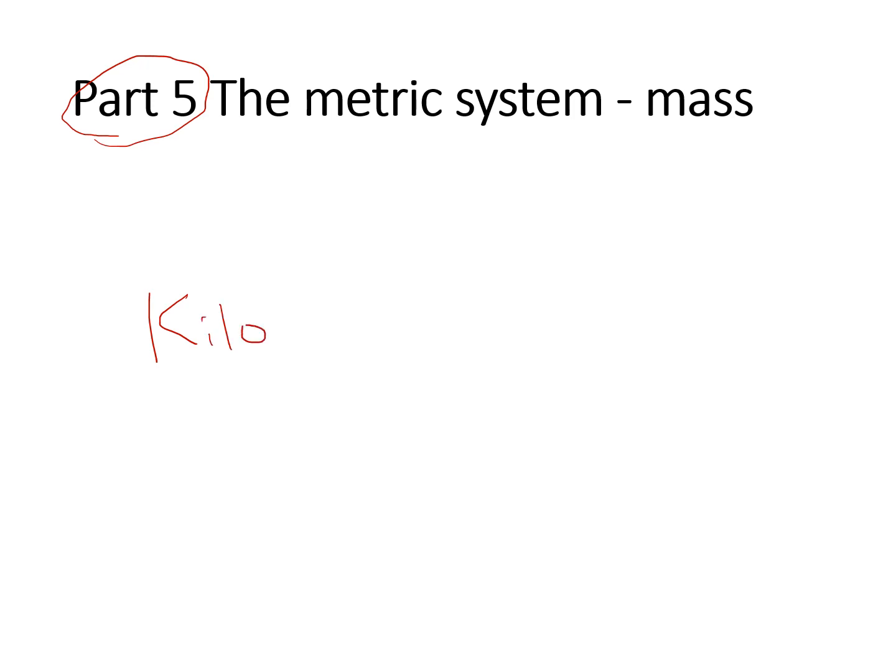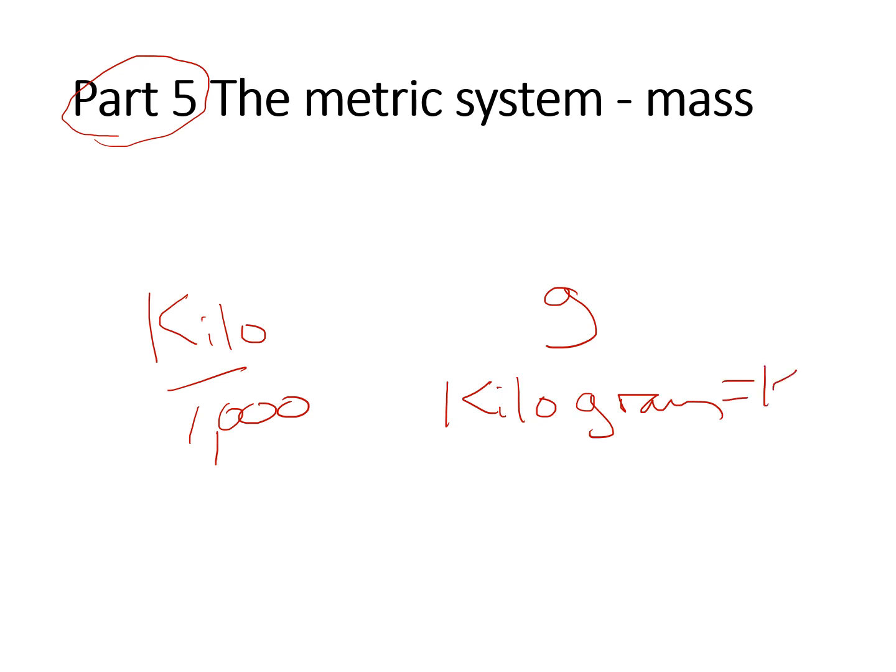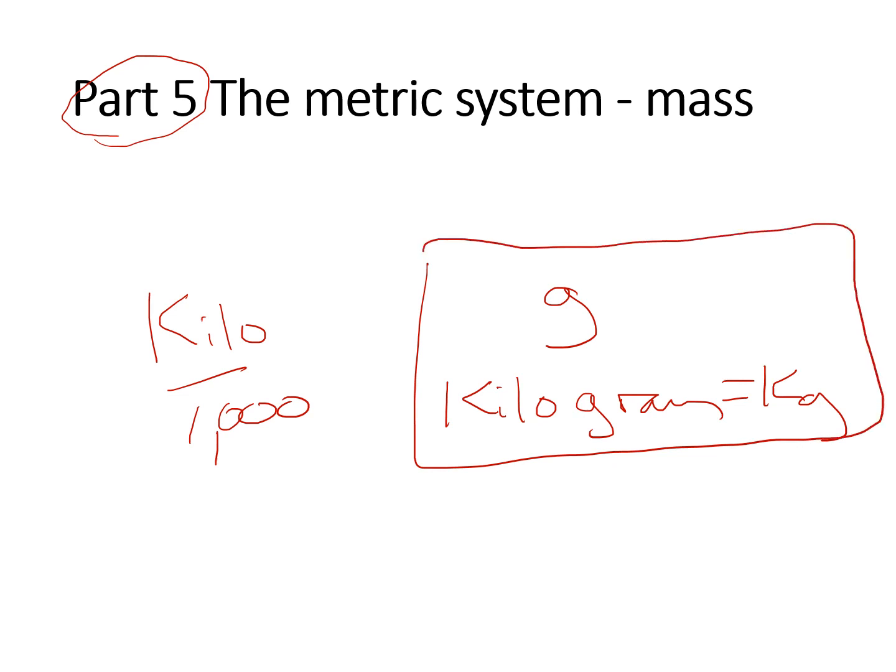Kilo means 1,000. So if you have the base unit, which is gram, and I ask you what the abbreviation of a kilogram would be, it is kg. You might need to use the internet to get some of these abbreviations, because I'm making this a little more of a free-for-all, and I'd like you to be able to find some information.